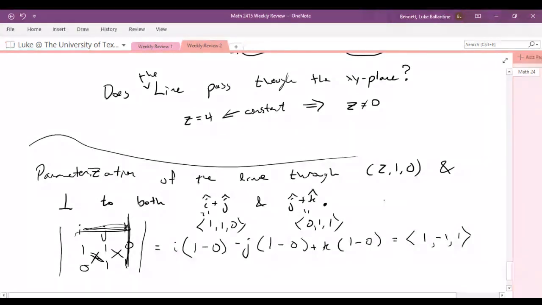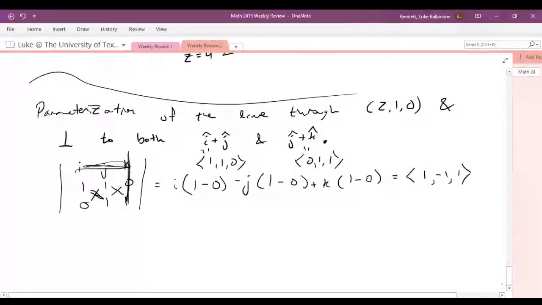But what is this vector? How does that even relate to my problem? So we have a line, we have a point, and then we want the line that's perpendicular to both i plus j and j plus k. So is this line going to be: point vector plus vector times time. What's the point vector?